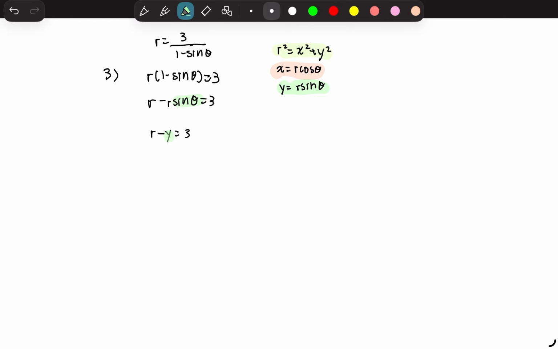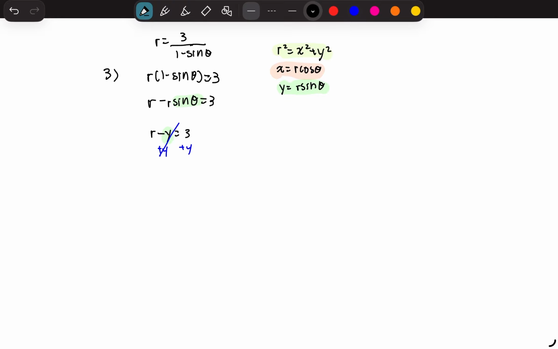So this was what we got. So we're going to add y, and r is equal to 3 plus y. So now we can just square both sides. So that's going to be r squared is equal to 9 plus y squared.